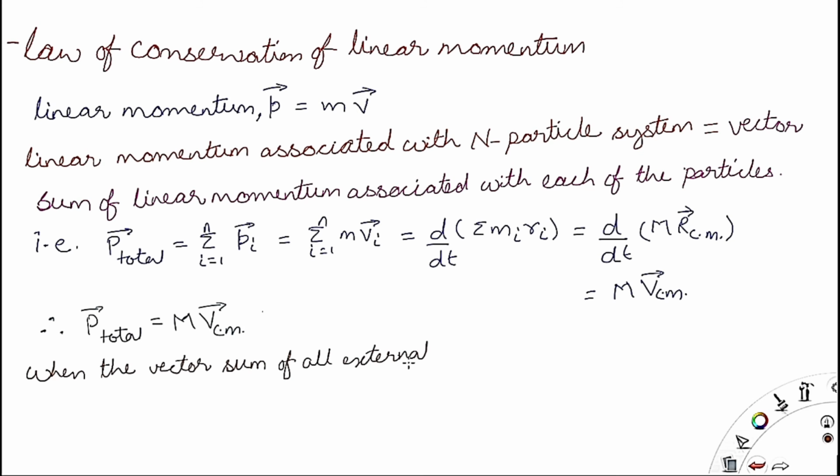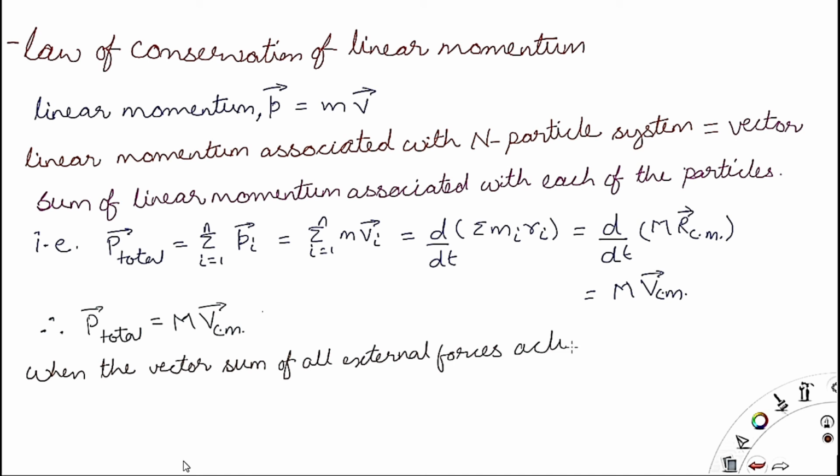Linear momentum associated with an n particle system is equal to the vector sum of the linear momentum associated with each of the particles. That means P total, the total linear momentum, is equal to the summation of individual linear momenta, which is the differentiation of summation of m_i r_i, which will give you by differentiation M VCM. So the total linear momentum is equal to the mass of the system into the velocity of the center of the mass.